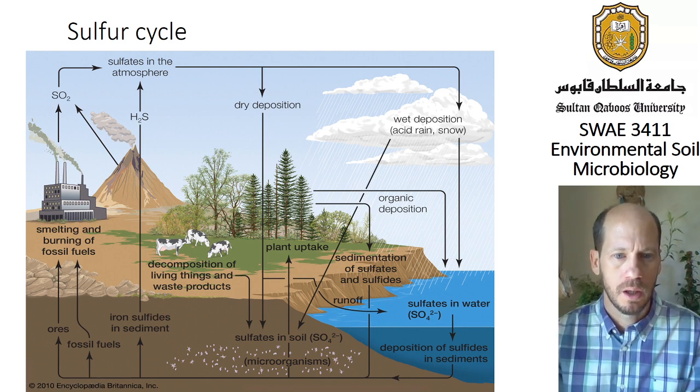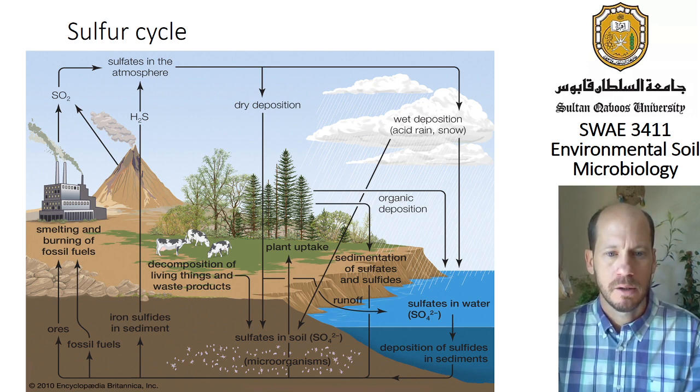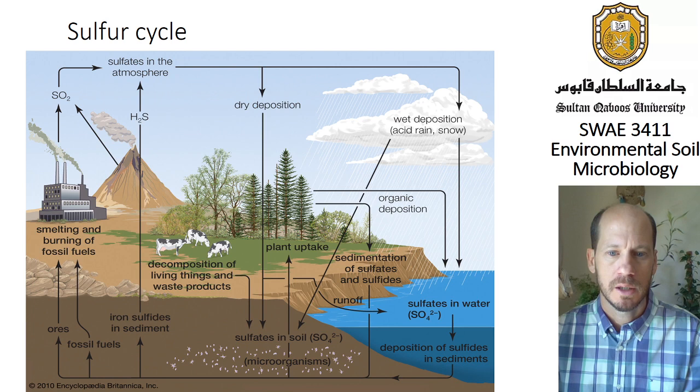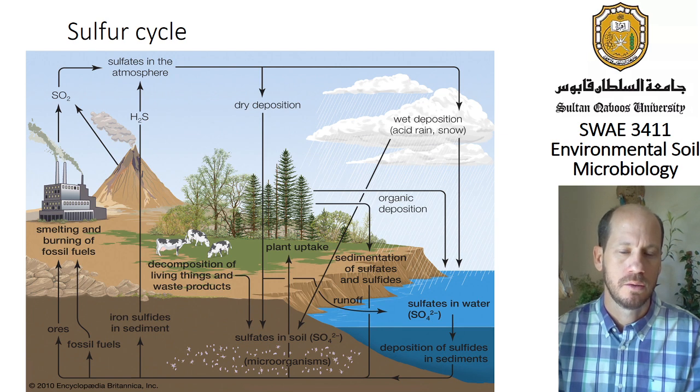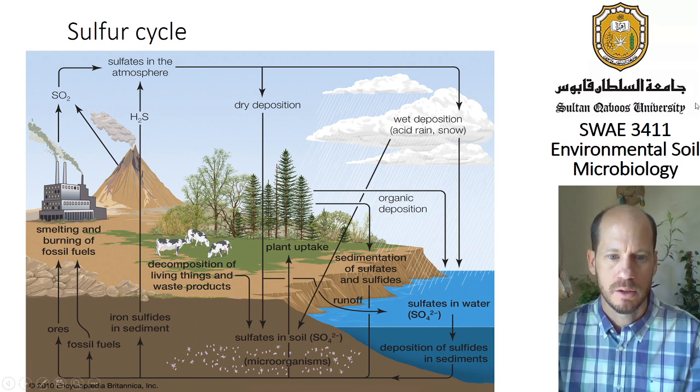Once these sulfate molecules reach soil environments, they can be immobilized in organic matter and cycle back into sulfates, or they can be reduced and emitted back to the atmosphere as sulfides, or they can be used to make elemental sulfur and be stabilized as elemental sulfur in soils.